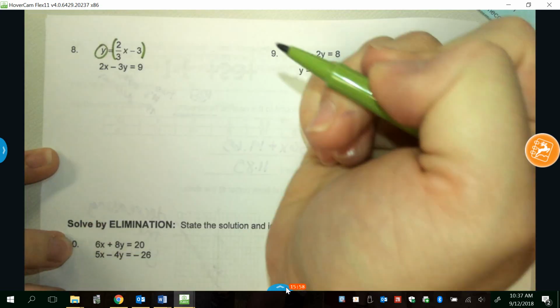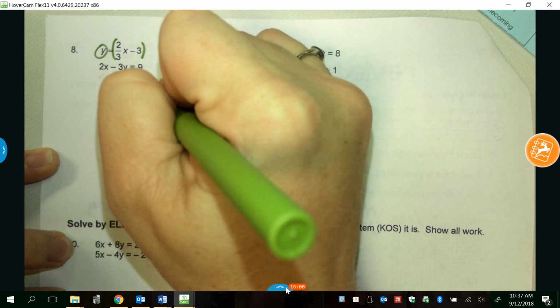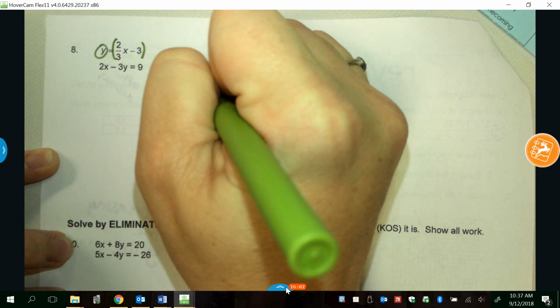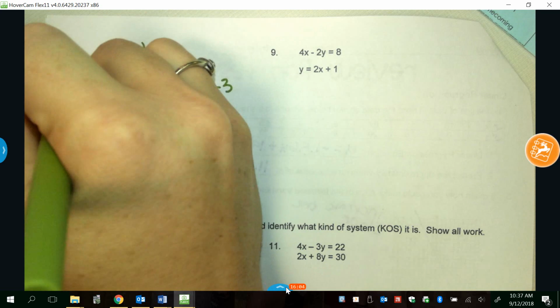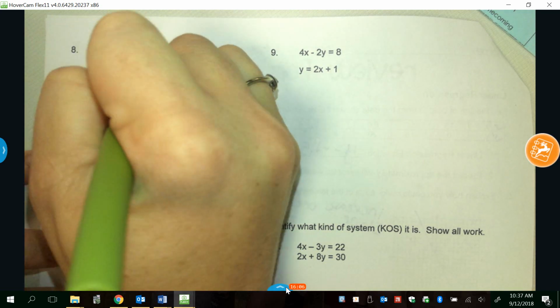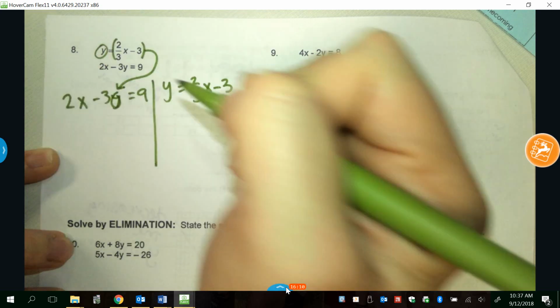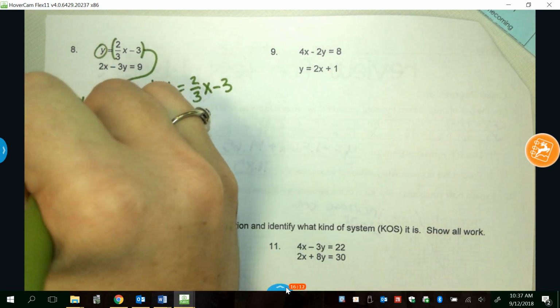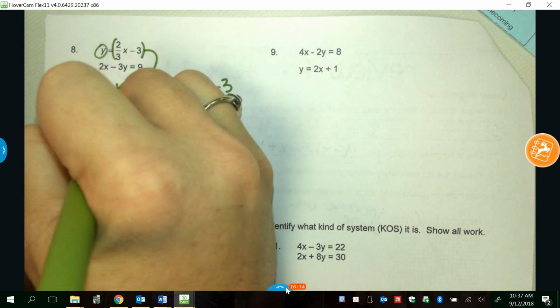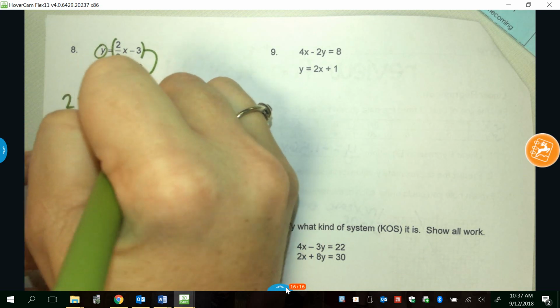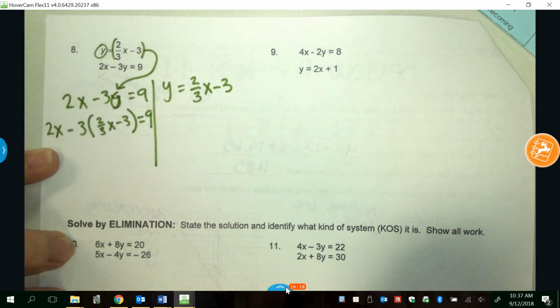Okay, and here is my substitute. So that equation goes over here, and the other equation on the left. Okay, so I'm replacing y with my substitute. So I have 2x minus 2/3 x minus 3 equals 9.